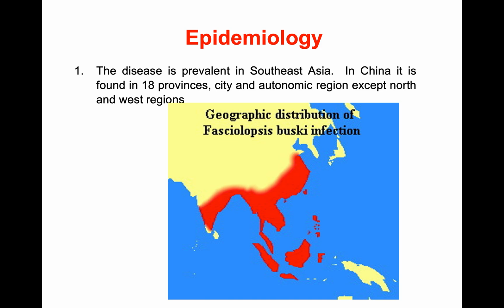Epidemiology: you can see in Southeast Asia there are many rivers, and thus many water plants, and if people just eat the water plants raw, there's a good chance they get the disease. And in China, it is found in 18 provinces, cities, and autonomous regions, except the north and western regions.